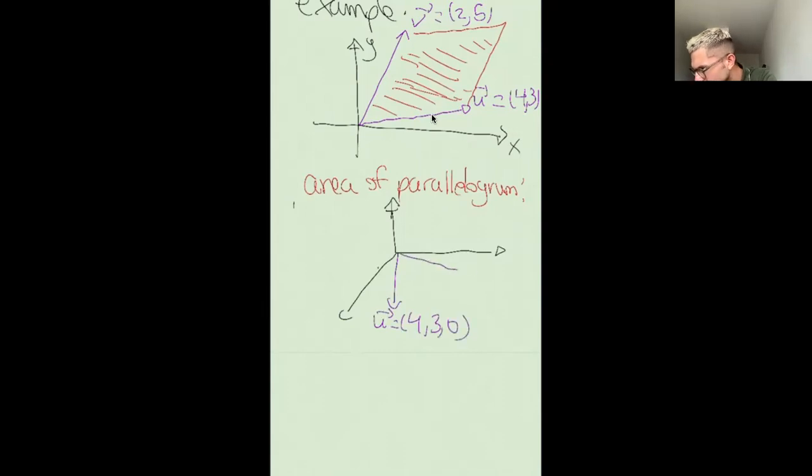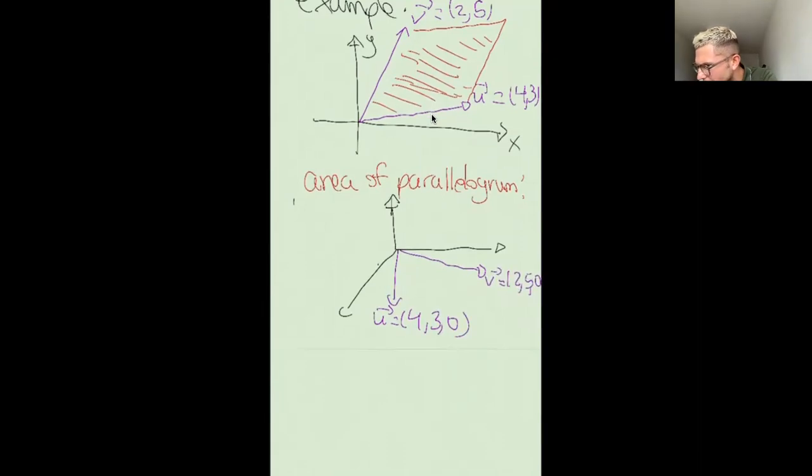And this vector v is really the same as 2, 5, 0, right? And so really the parallelogram is still the same parallelogram as before. I'm just seeing it here on the XY plane, but I just added a third entry. Okay.